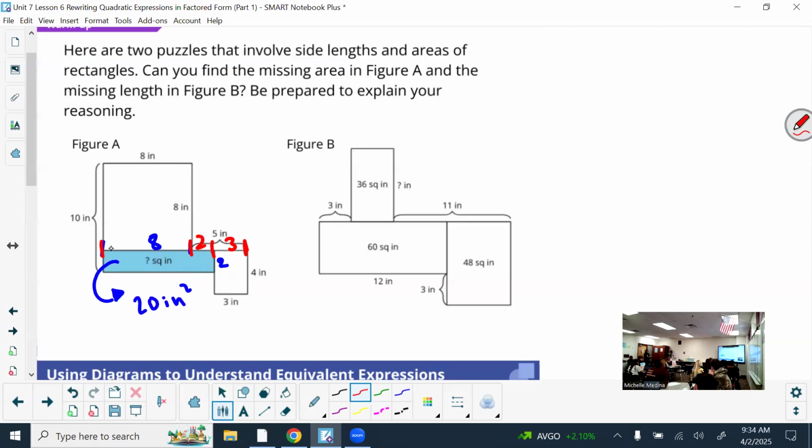And then for this side length, 8 plus 2 would be 10. And for confirming that this side length is 2, you have to look first over here that this longer side is 10.